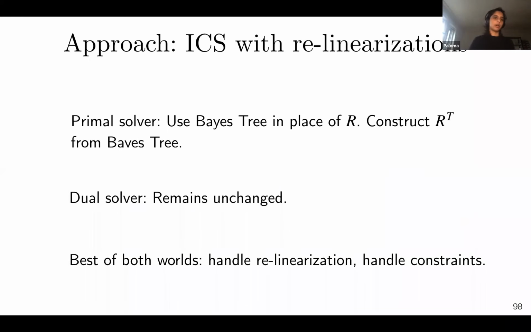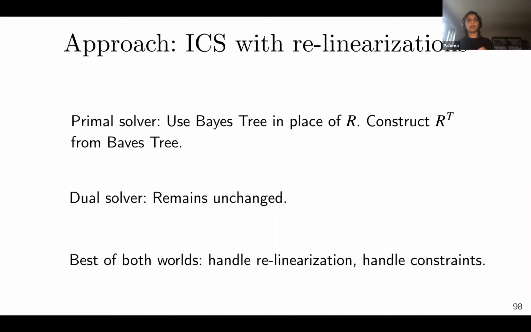So our approach of doing ICS with relinearizations would be in the primal solver, where we used iSAM to replace that with using a Bayes tree in place of the R matrix. And we additionally needed to compute the R transpose matrix with the constraint solver, which we will compute from the Bayes tree by traversing it once.